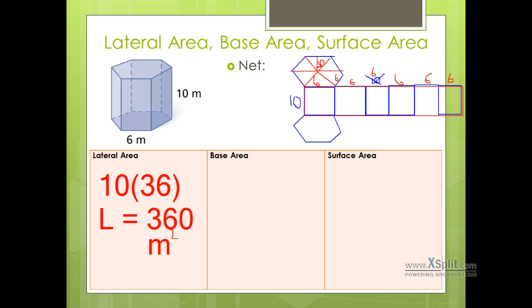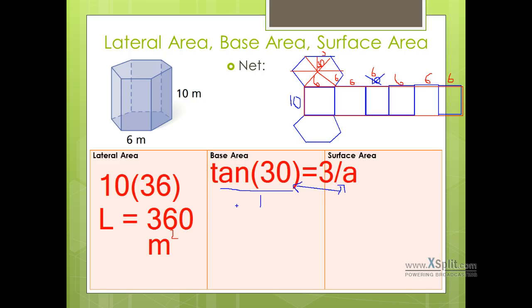So we can go ahead and say, well, this angle right here is 30. It's opposite of 3, apothem of who knows what. We'll use tangent of 30. I'm going to write that down here. Tan of 30 is equal to opposite 3 over apothem A. That means that if we flip a couple of these around, because we can do that if they're being cross-multiplied, we could say that the apothem is really just 3 over tan of 30.